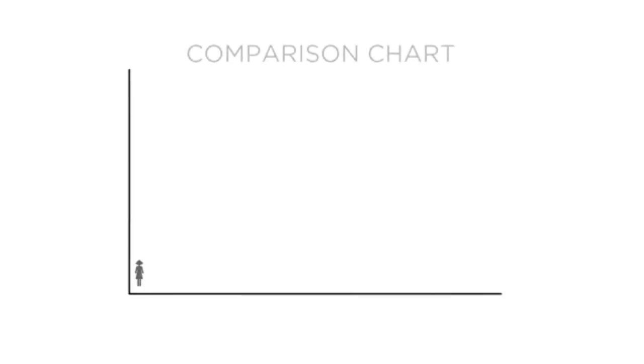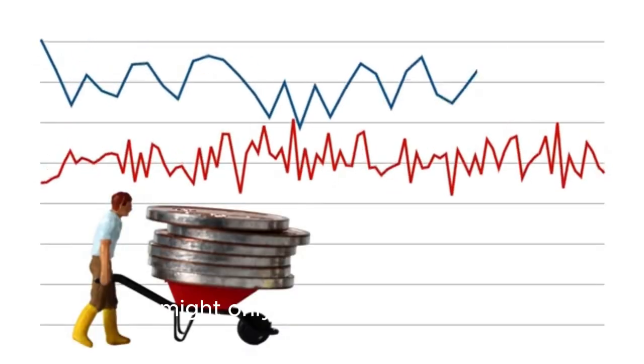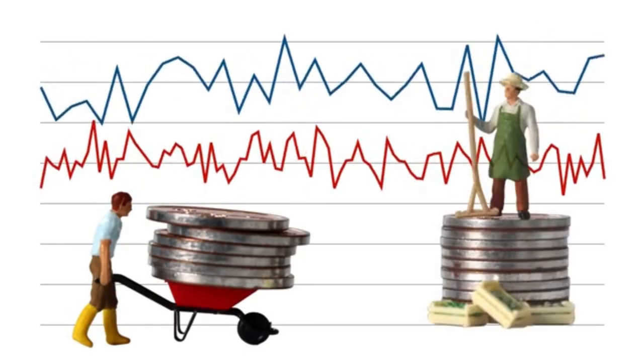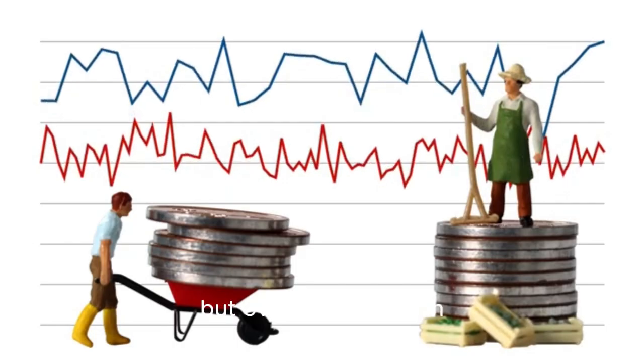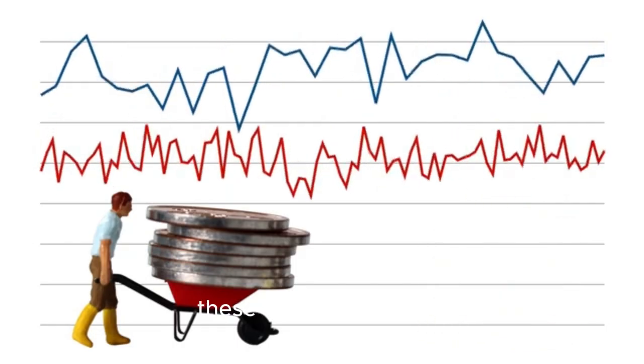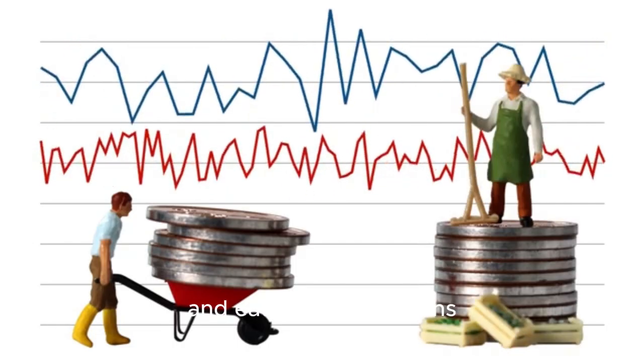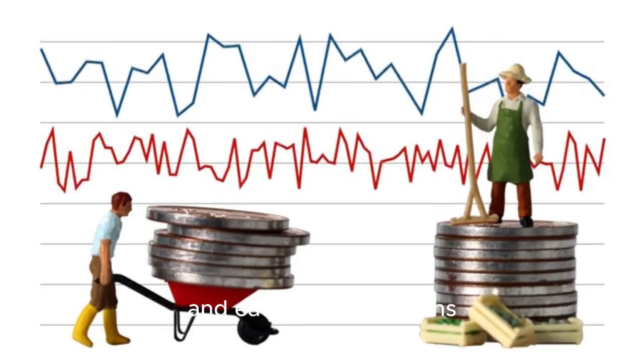This usually means that currency-hedged ETFs have slightly higher expense ratios than their unhedged counterparts. It might only be a small difference, say 0.05%, but over the long term, these costs can add up and eat into your returns.